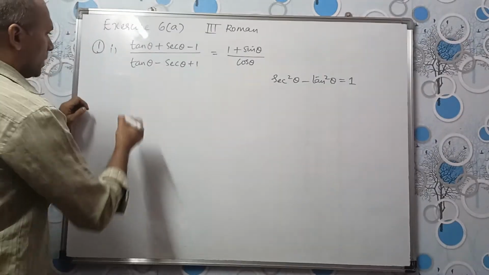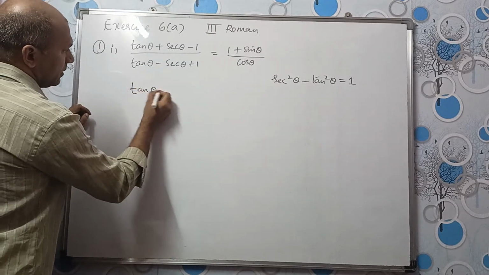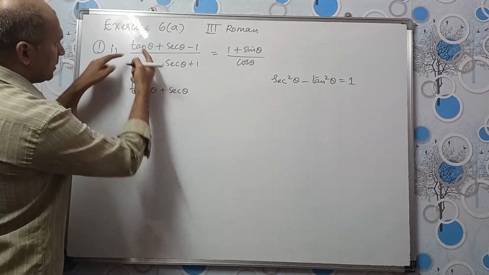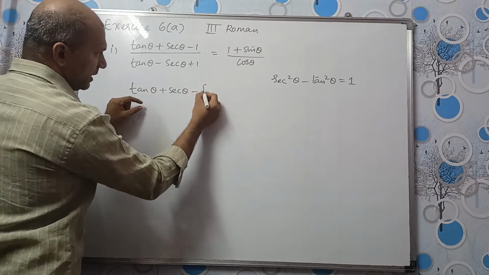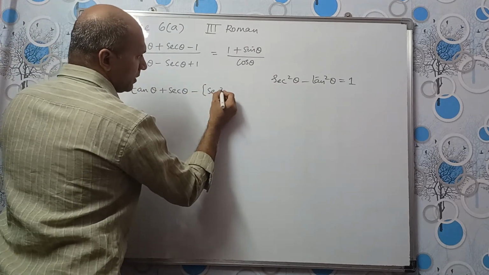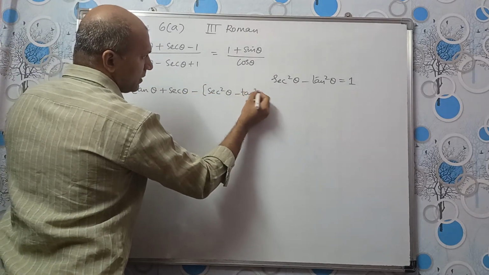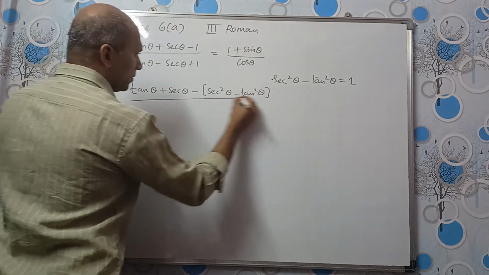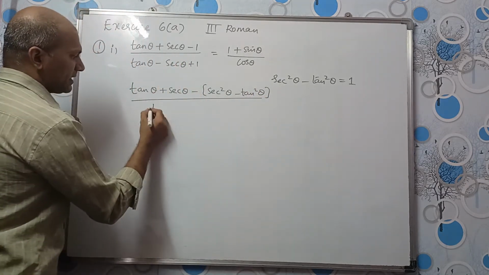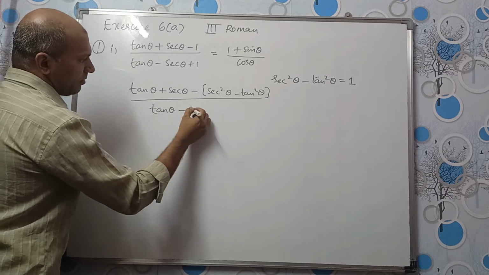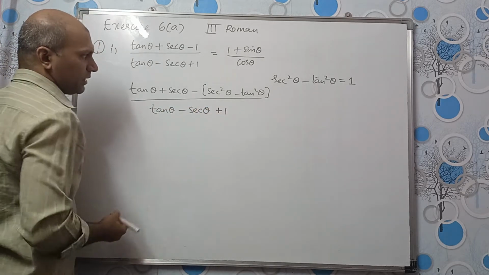So in place of this one, let us write, see, tan plus secant as it is, minus this part, secant square minus tan square theta, whole divided by the denominator as it is, tan theta minus secant theta plus 1.